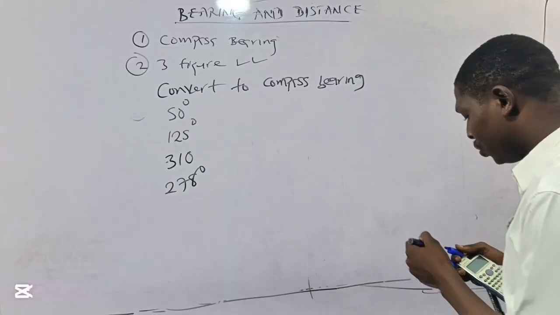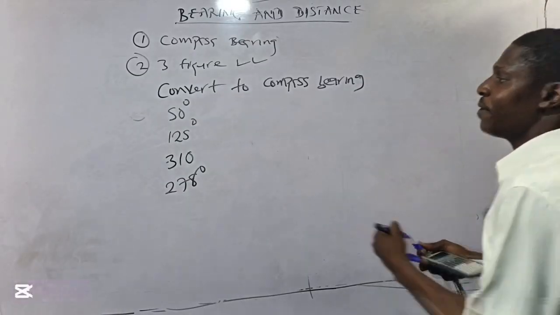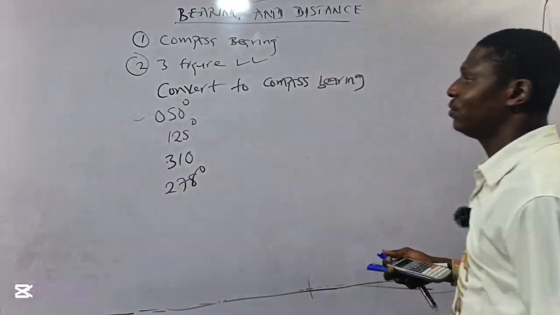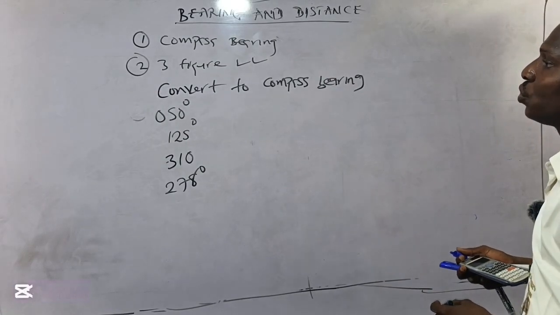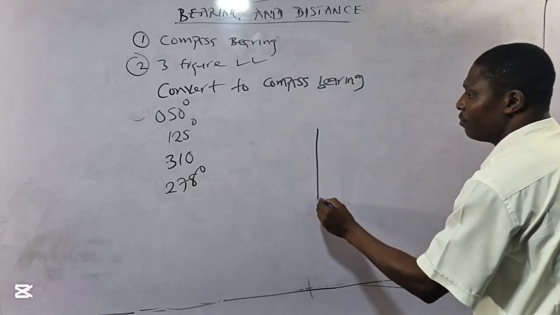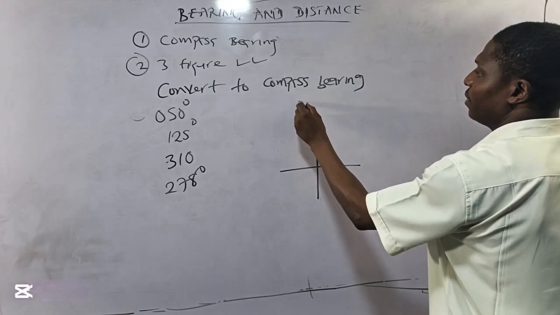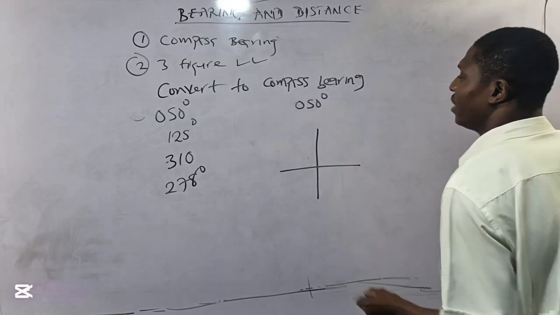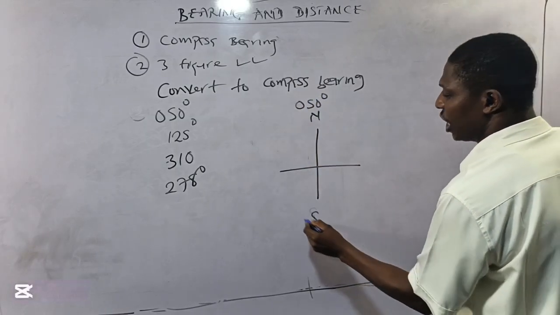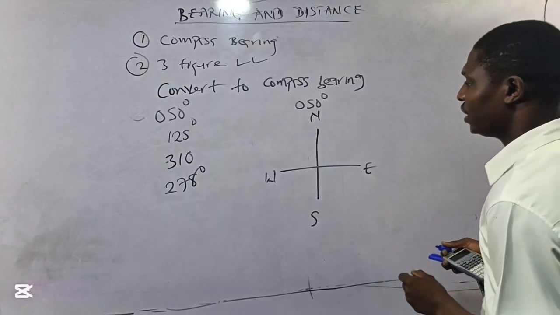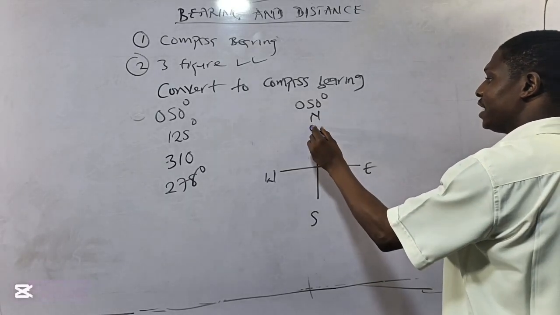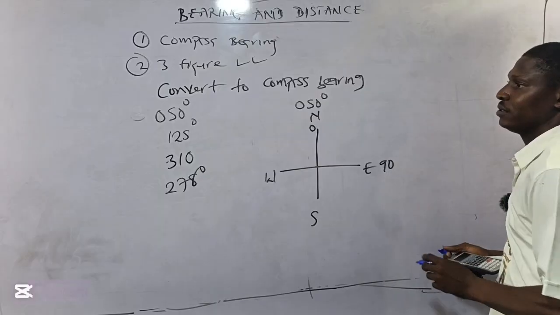So if you are converting this to compass bearing, first remember here I have to carry a 0. So how do I convert 050 degree to compass bearing? First, I must have my cardinal points. I'm focusing on 50 degree now. This is my north, south, west, east. Now, where is my 50 degree? 50 degrees is between 0 and 90.